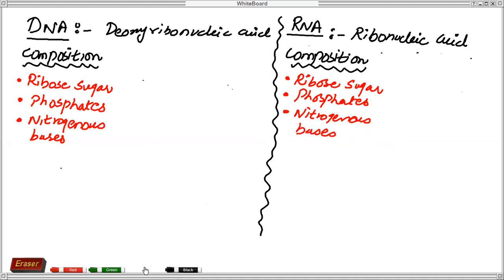As far as the ribose sugar of the DNA is concerned, it is deoxyribose sugar. That is, oxygen is removed from the ribose or 5 carbon sugar. Okay, collectively, all of them make the nucleotide.